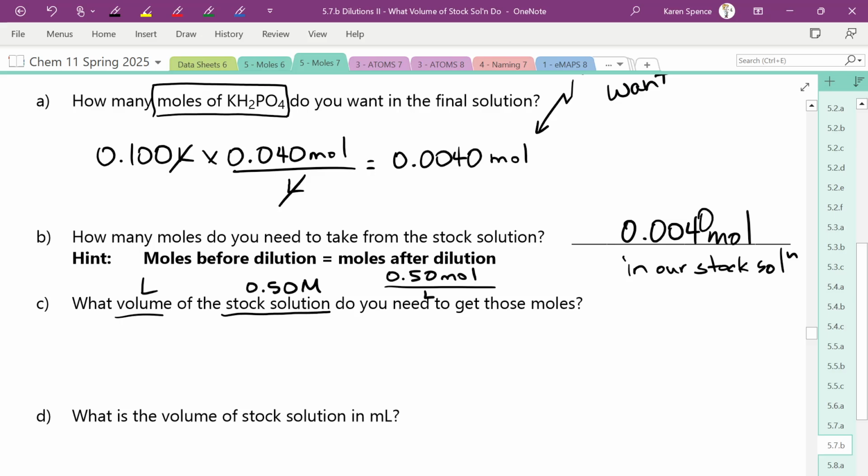I'm going to make that tidier. Okay, there we go. Could we take our moles per liter and our moles and figure out the volume? Tell your partner, how would you do that? How could you take the moles and the moles per liter and find the volume?